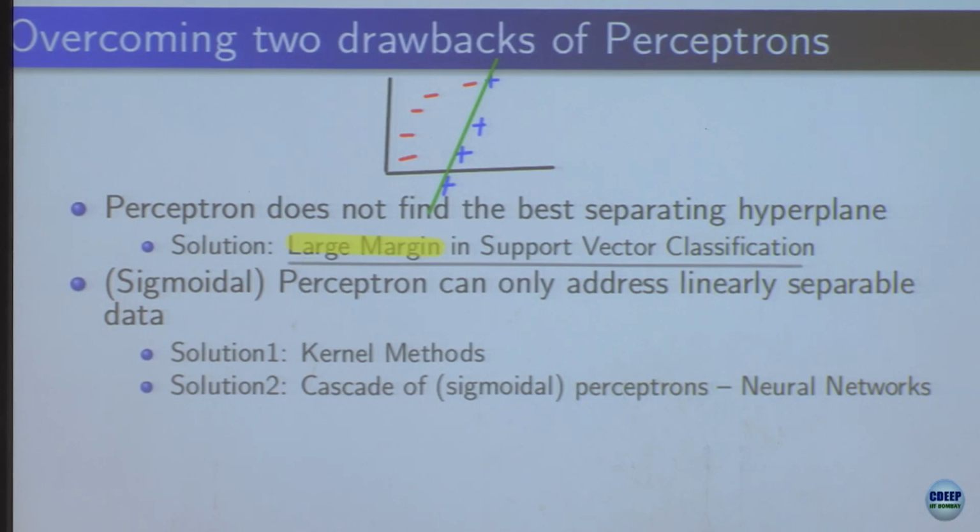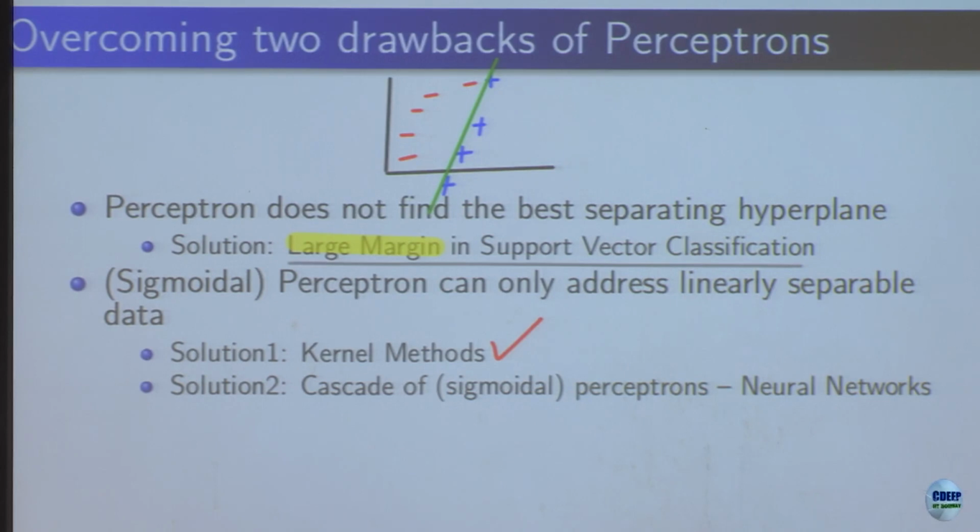The second thing, which will take up more time, is that the perceptron can only address linearly separable data. Now we have already talked about kernel methods at length. The problem, however, with kernel methods is that the kernel has to be very carefully designed.